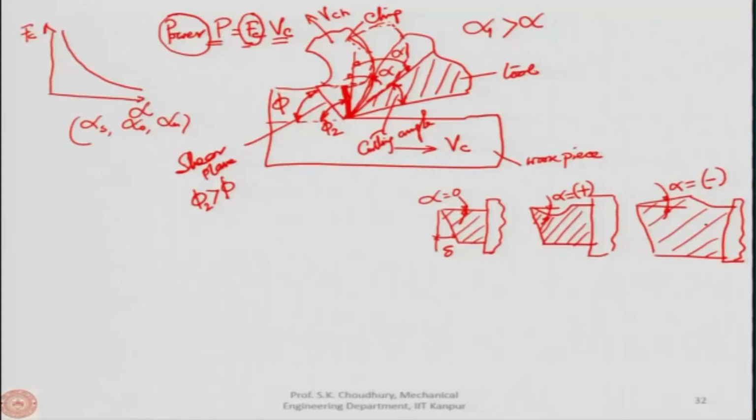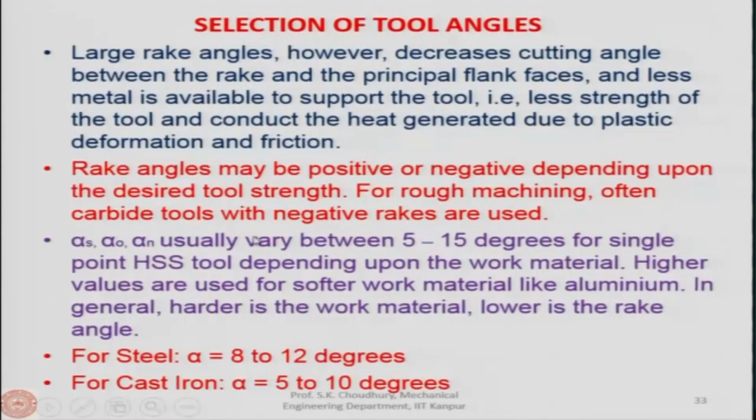So, in that case either 0 degree rake angle or negative rake angle can be used to strengthen the tool and to have less thermal deformation, because more material will be available to conduct the heat from the tool. Often carbide tools with negative rakes are used, that is what I said.